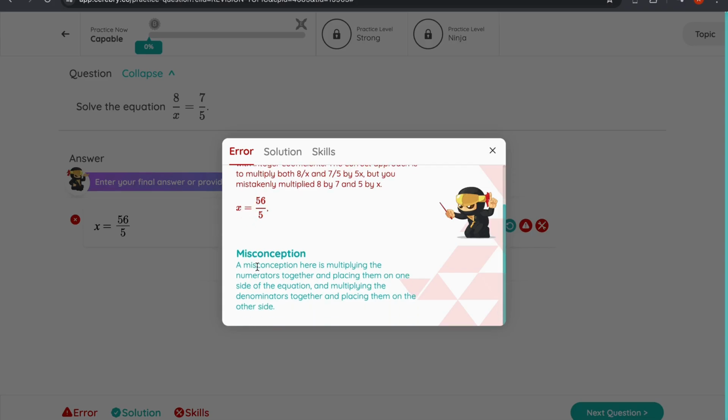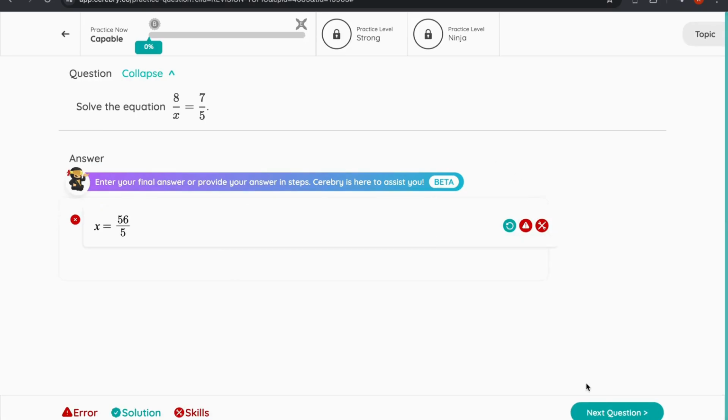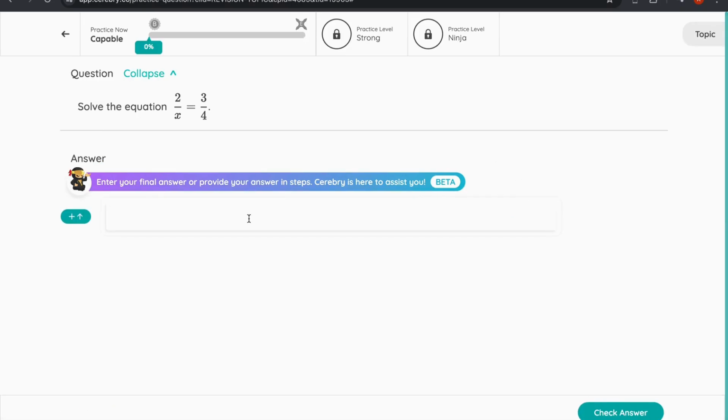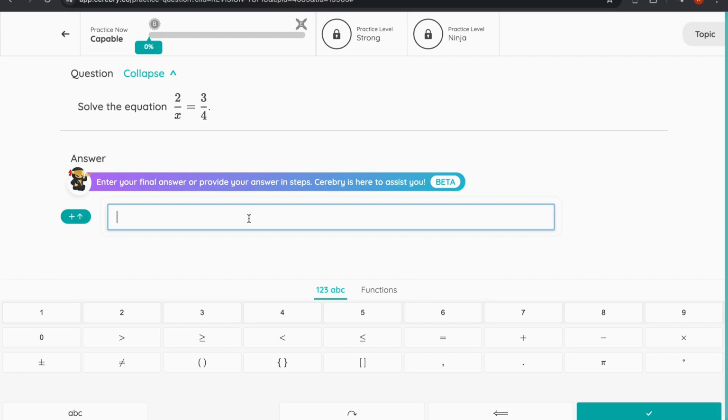Here, the misconception that the student has is multiplying the numerators together and placing them on one side of the equation and multiplying the denominators together and placing them on the other side. Let me answer this step by step.